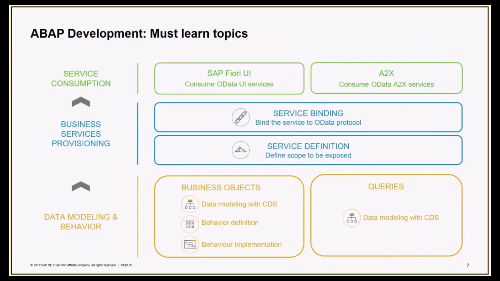So, but now, what about the buzzwords in RAP? What about the big picture? We are always talking about the universe of the data modeling and behavior layer, which cover all the business objects which are available. Business object with a data model and with a behavior with the application code. And of course also queries, so like analytical queries or list report queries.